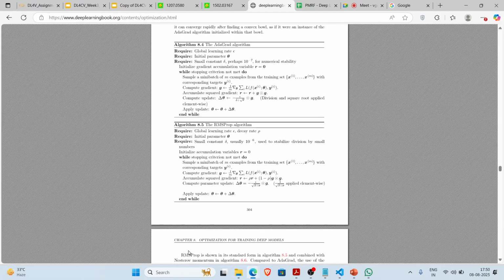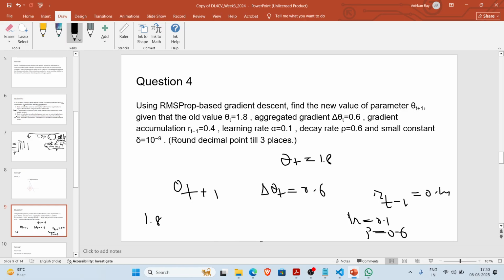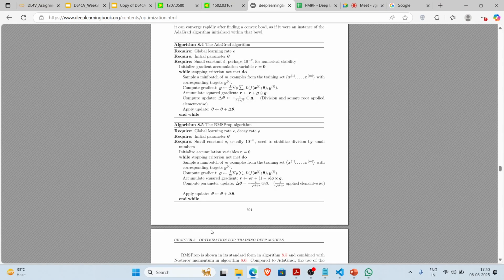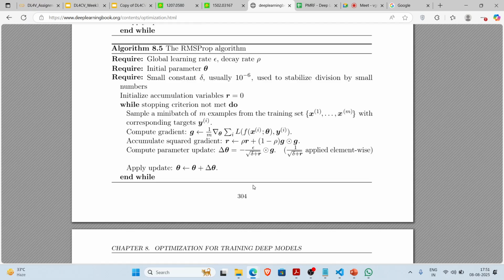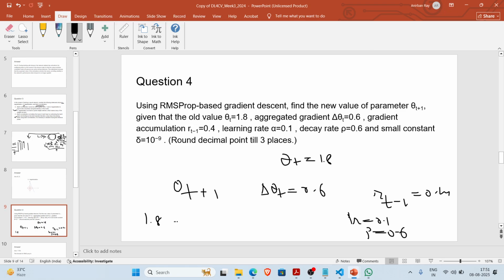Delta theta is minus epsilon over square root of r, where the learning rate epsilon is 0.1 and r is 0.4.